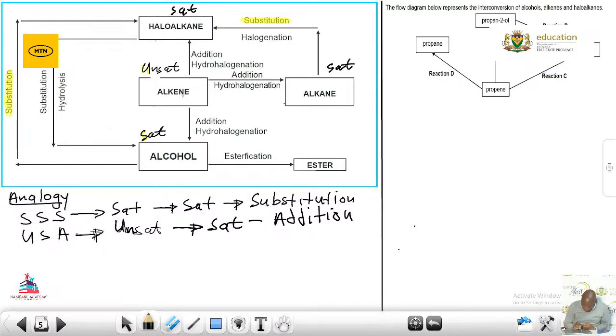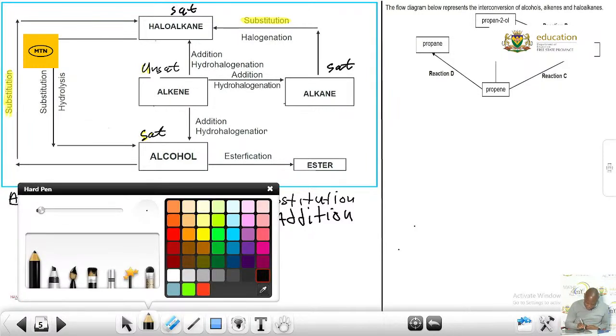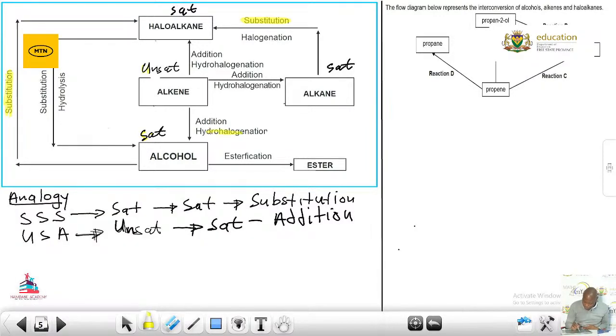If I am moving from unsaturated to an alkane, that reaction must also be addition. The fact that I know it is addition, the only thing I may need to worry about is the type of addition that the reaction is.